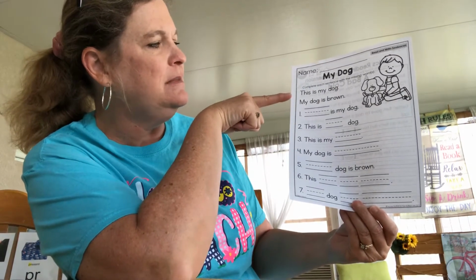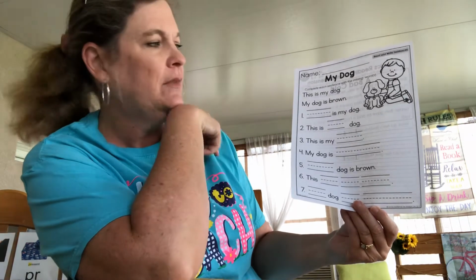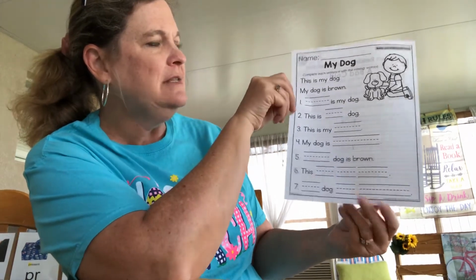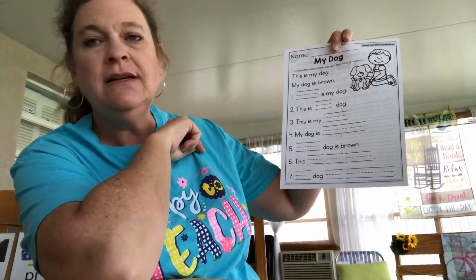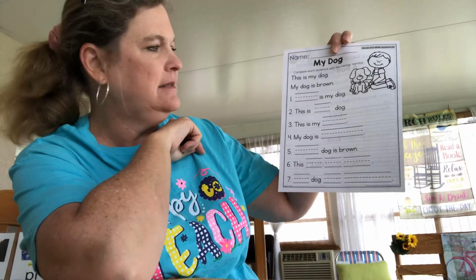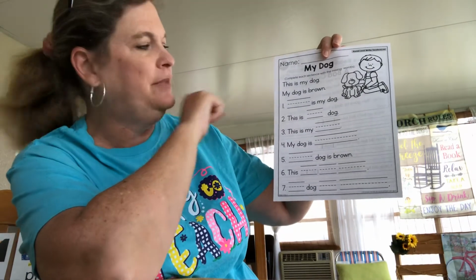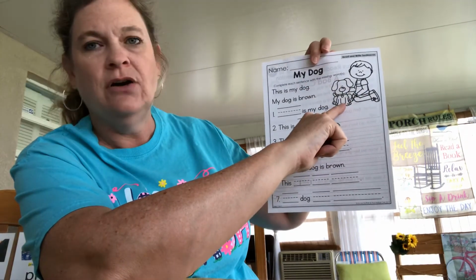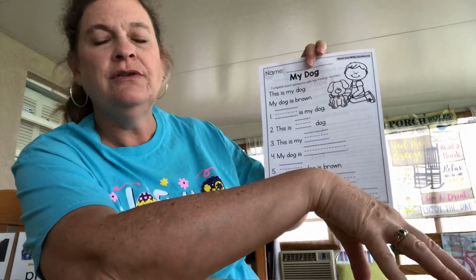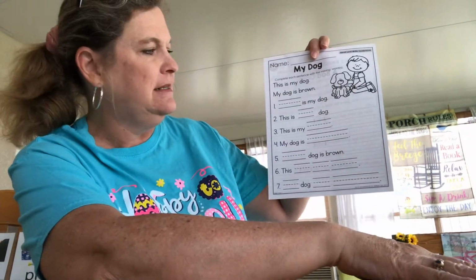It says, "This is my dog. My dog is brown." So from those two sentences, you're going to be making 7 more sentences. You're going to write the word that you think fits into that blank. Now, all they've told us is, "This is my dog. My dog is brown." So you're going to use that information to help you fill out these 7 sentences.